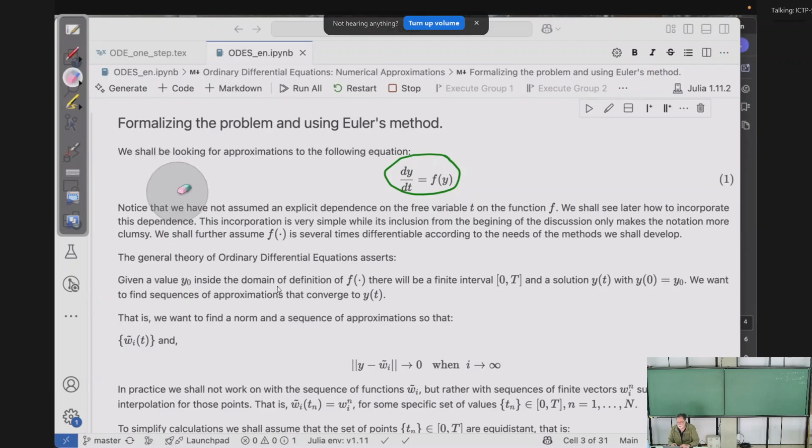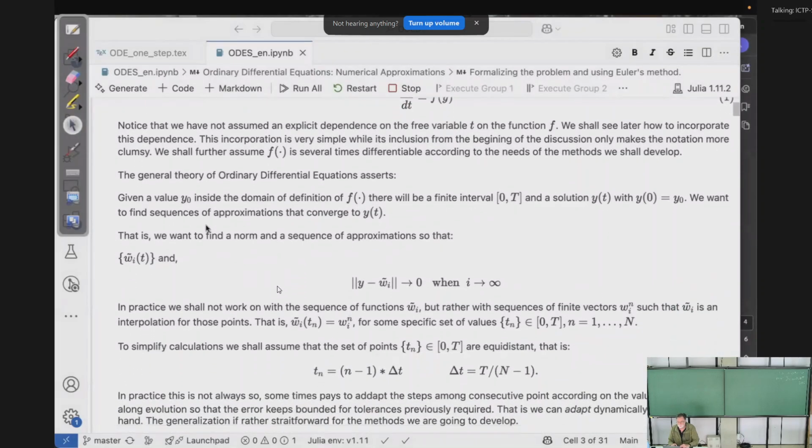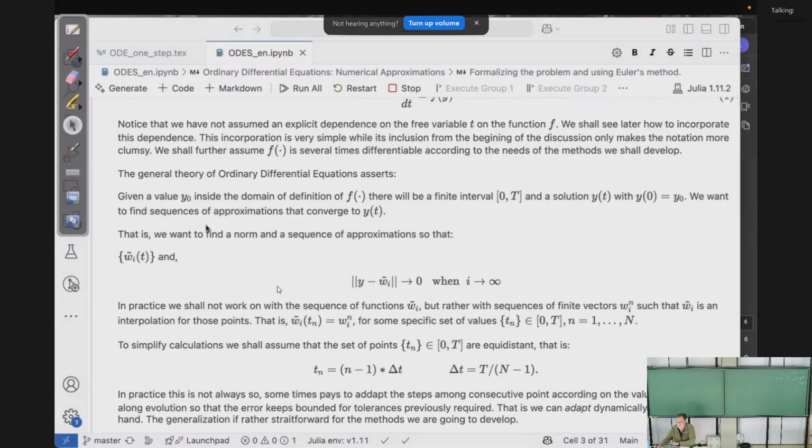And so we have a theory that we discussed yesterday that says this, right? Let me write it down here.